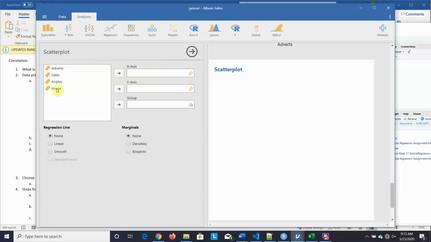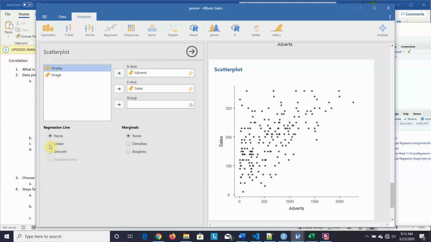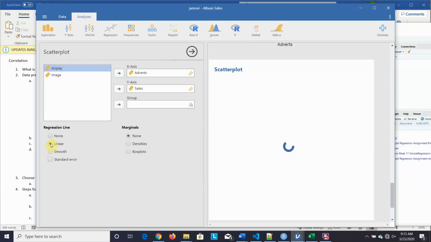Next week, when we look at a couple more variables, we will do a scatter matrix. But let's go ahead and put adverts on the x-axis and sales on the y-axis, and let's get a regression line in there.